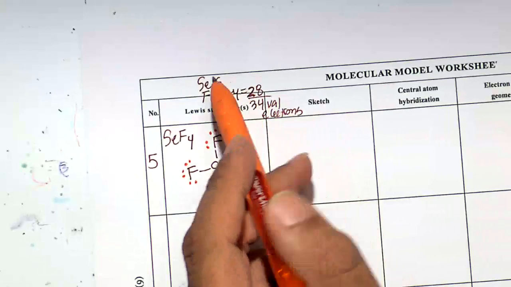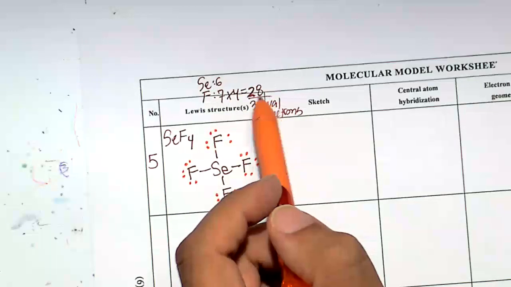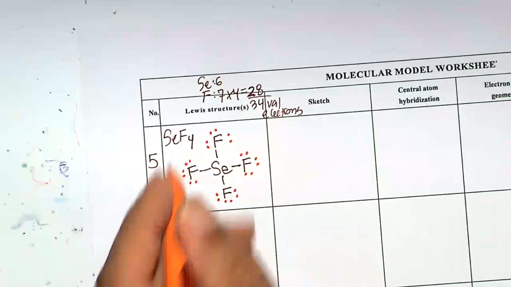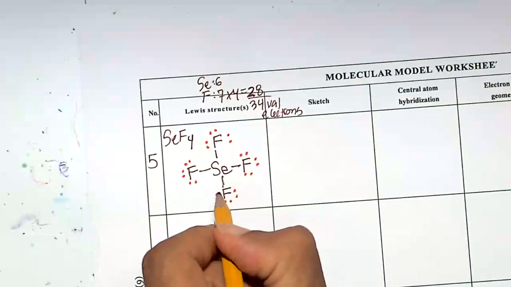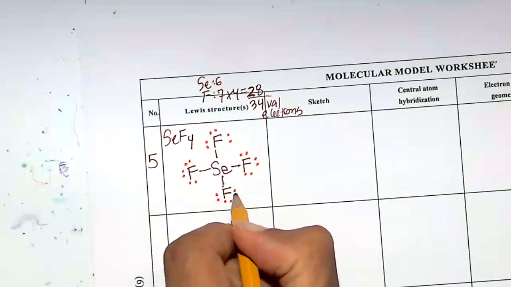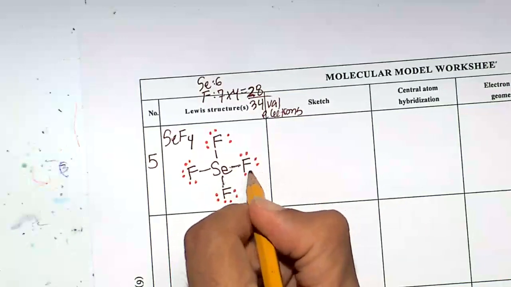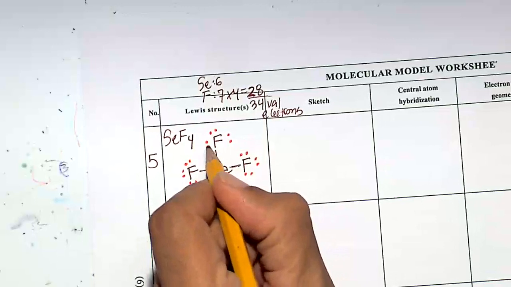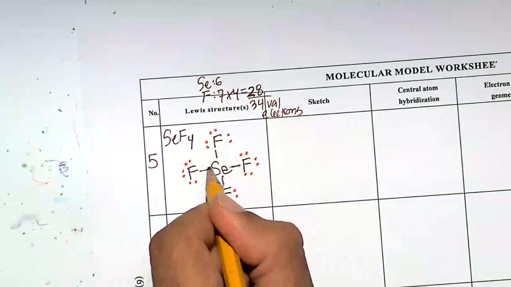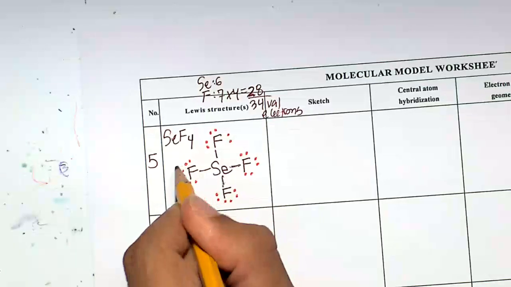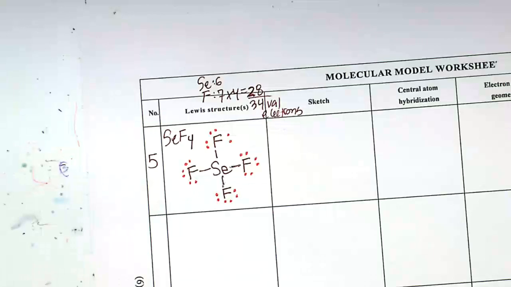All right, we have 34 valence electrons: 6 valence from selenium, 28 valence from the fluorine. Let's count. Ready? Count with me. 1, 2, 3, 4, 5, 6, 7, 8, 9, 10, and so on up to 32.